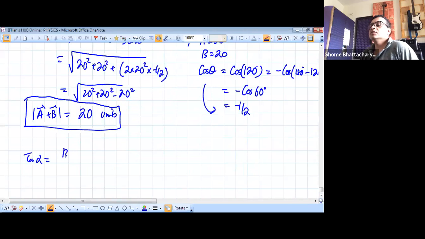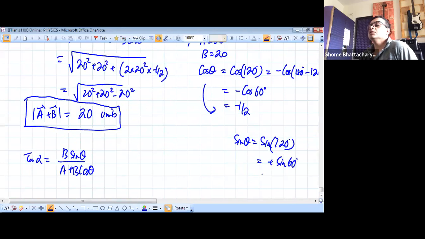tan alpha is B sine theta upon A plus B cos theta. In this sine theta is nothing but sine 120, which will become positive of sine 60 for the same reason. So positive of root 3 by 2.